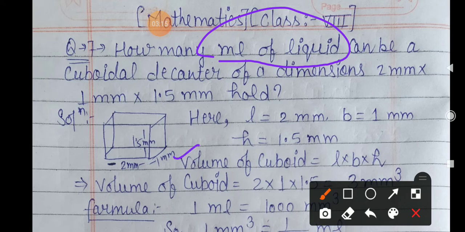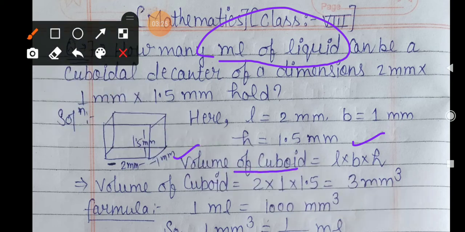So the volume is equal to the volume of a cuboid, because this is a cuboid shape. The volume of a cuboid is L into B into H. Put the values of L, B and H in this formula: the value of L is 2, the value of B is 1 and the value of H is 1.5, and multiply all these values. So 2 into 1 into 1.5 is equal to 3 mm cube, millimeter cube.